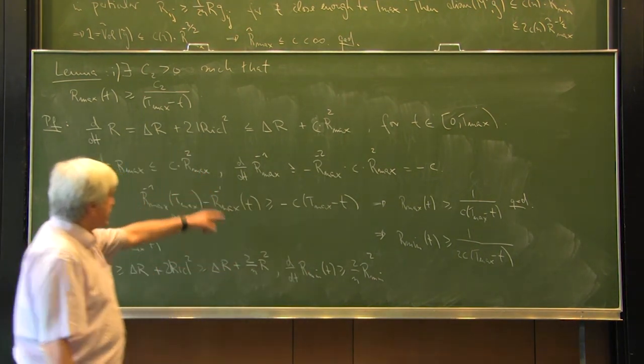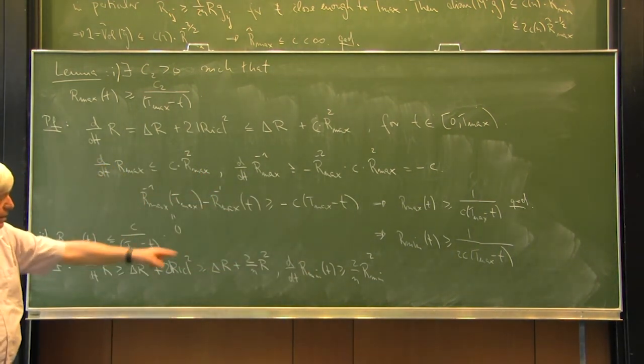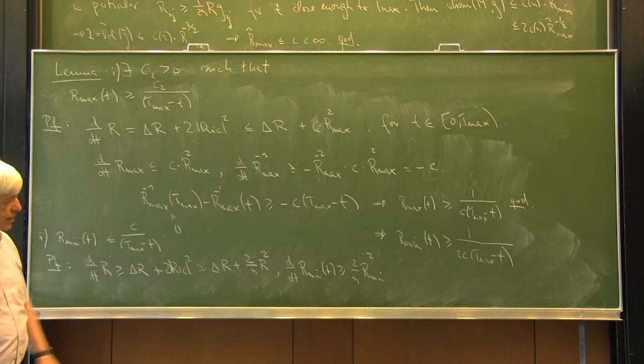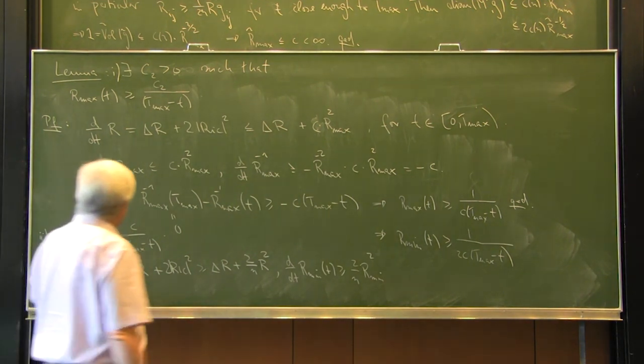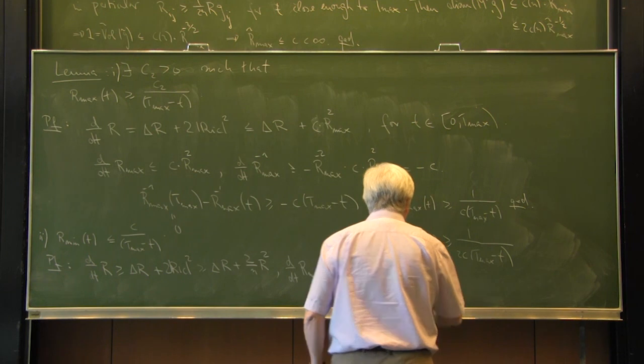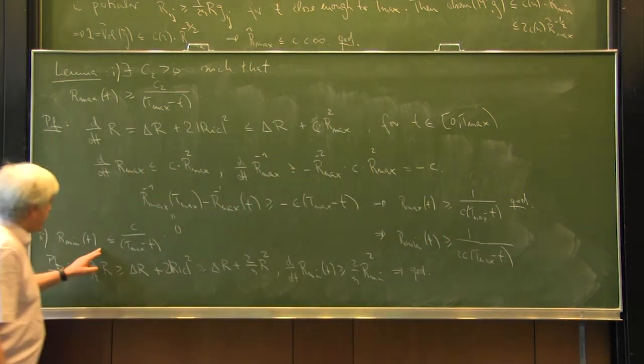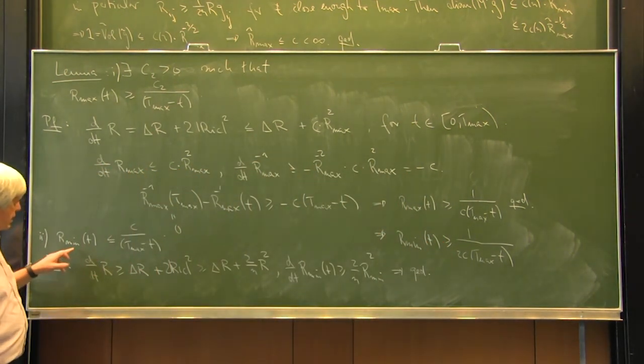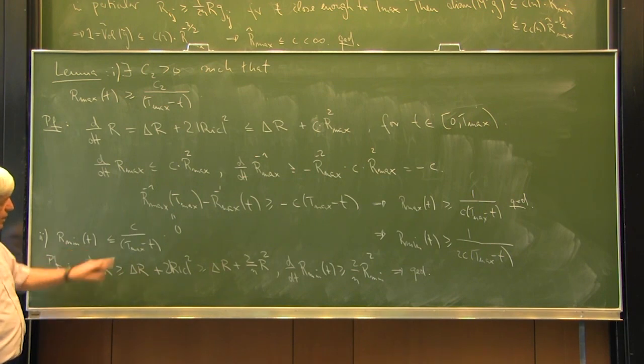Now, using the same trick of converting this to an evolution equation for the inverse of R min, we come to this conclusion as before. And then of course the maximum is also bounded by this.